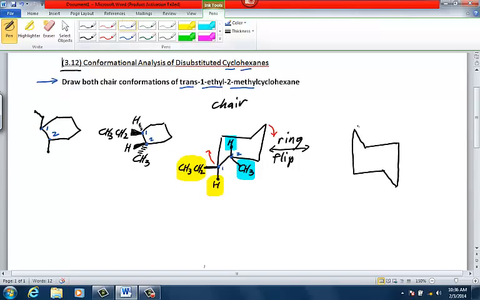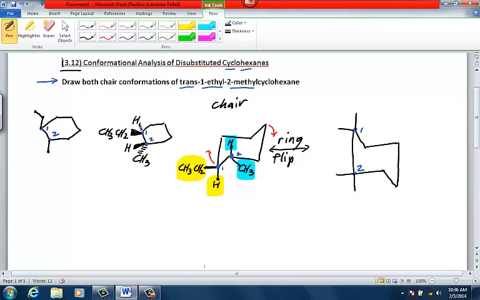So if we were to number these carbons, carbon number 1 used to be down on the left. Carbon number 1 is now up on the left. Carbon 2 over here. And the head of the chair always has the axial position pointing up, and they alternate, so carbon 2 must be pointing down. Equatorial should just be pointing away from the ring somewhere.